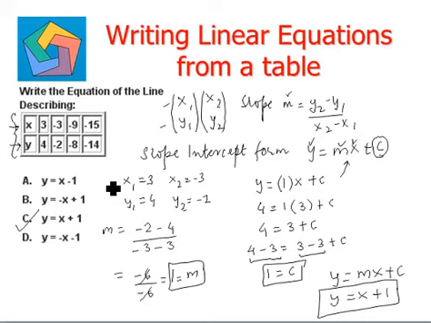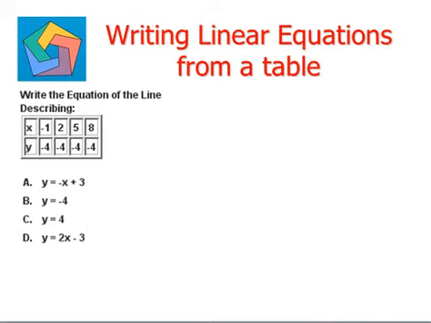Using this methodology, we'll be doing the next questions. Let's see the next one. It says write the equation of the line describing. The table is given to us where we have values of x and values of y. So let's see. We pick x1 as negative 1, y1 equals negative 4, x2 as 2, and y2 as again negative 4.